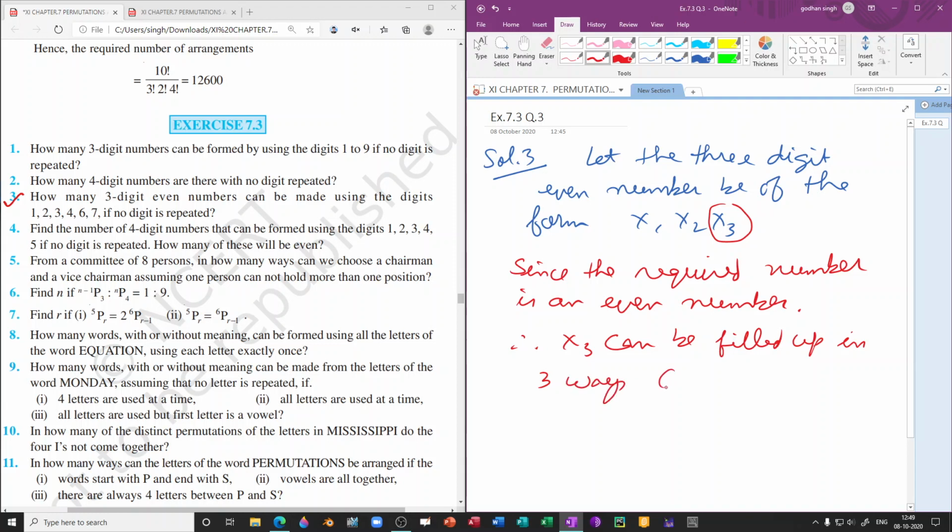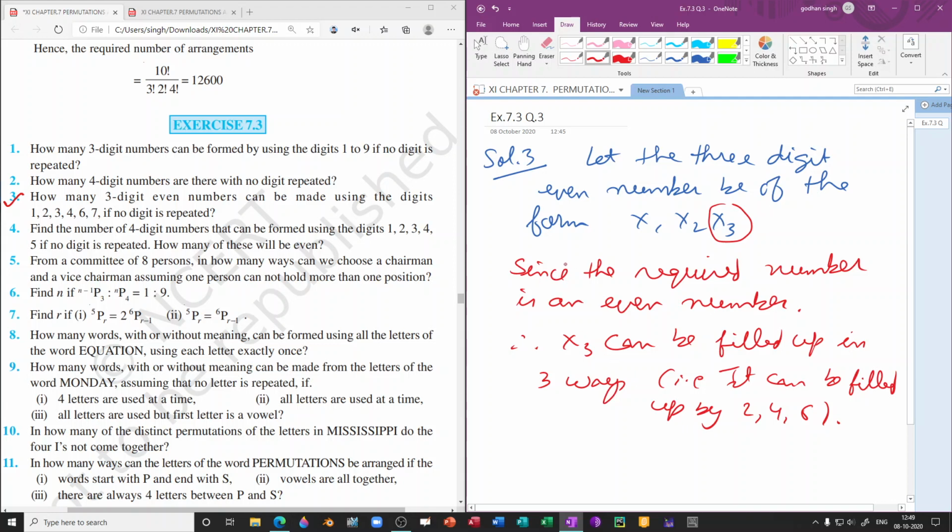That is, it can be filled up by either 2, or 4, or 6.